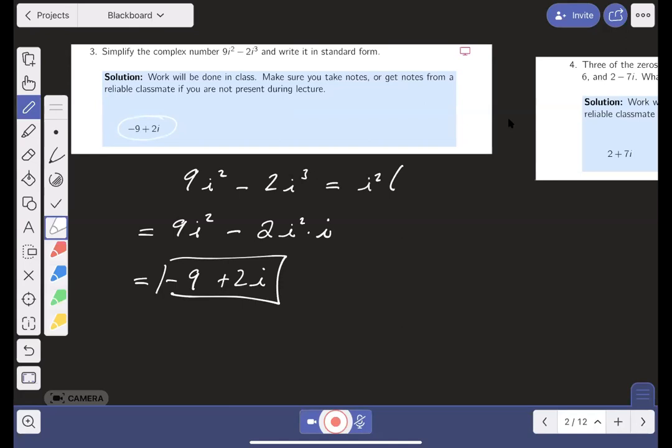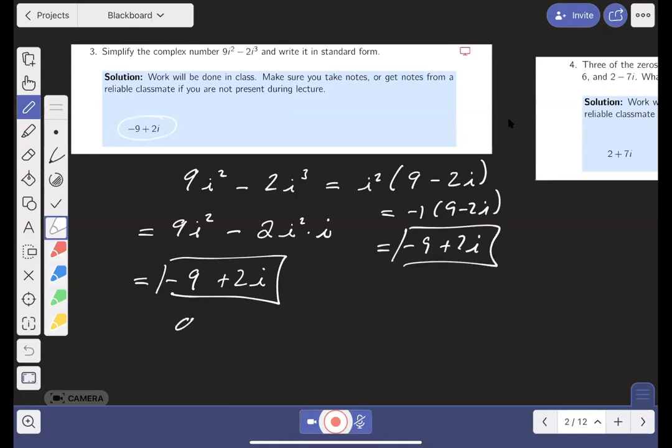Well, you'd get i² times (9 - 2i). And what's i²? -1. You'd multiply this out. What do you get? -9 + 2i. Do we get the same answer? Of course we do. What's the a? -9. What's the b? 2. So fairly straightforward questions that you see in Math 100.